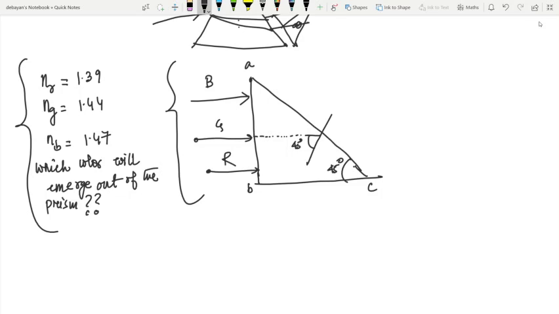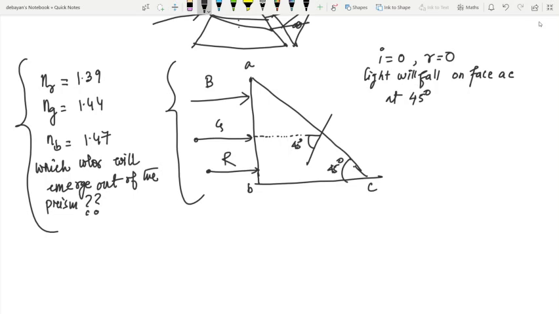Okay, the thing is, if we consider the face AB, here the angle of incidence is zero, so the light falls on face AC at 45 degree angle without suffering any refraction at face AB.